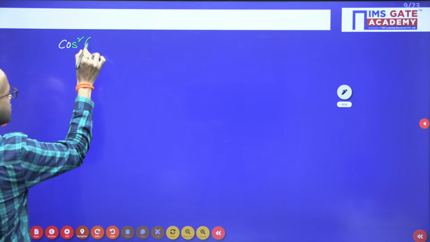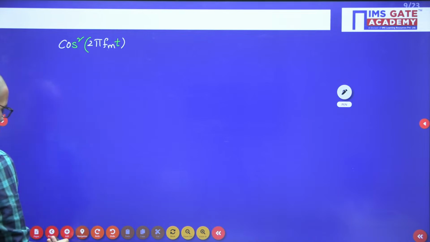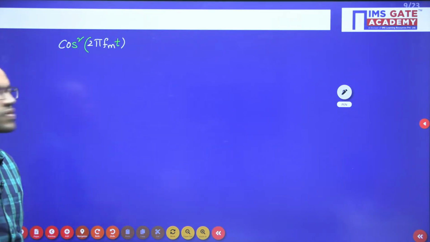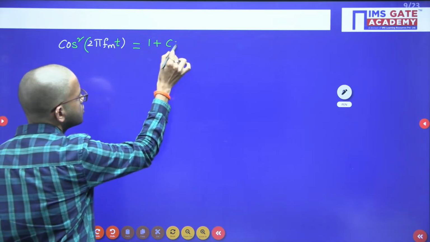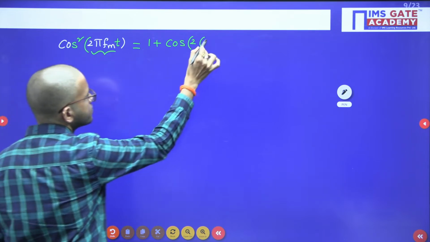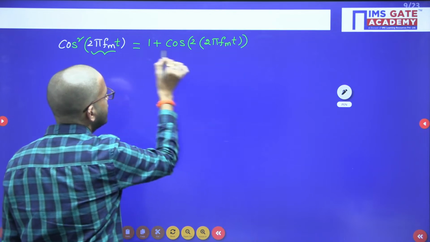Cos square 2 pi fm into t. So this one we can write in the 1 plus cos 2A format, 2 into this entire term, 2 pi fm into t, divided by 2.